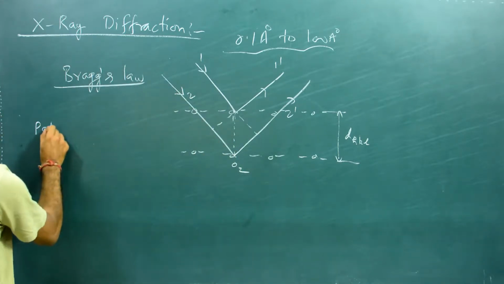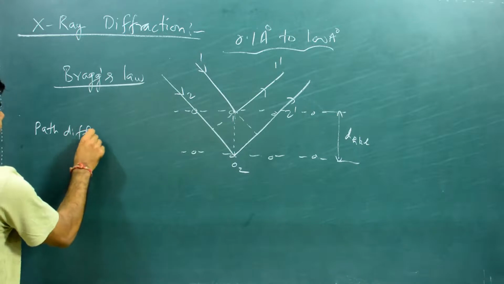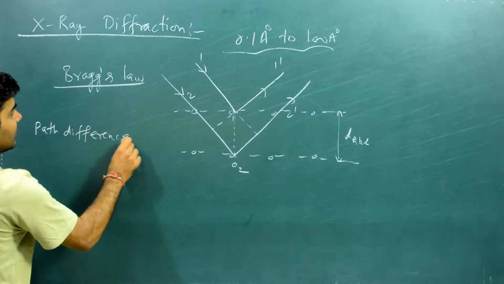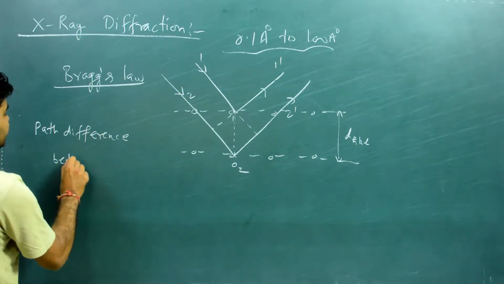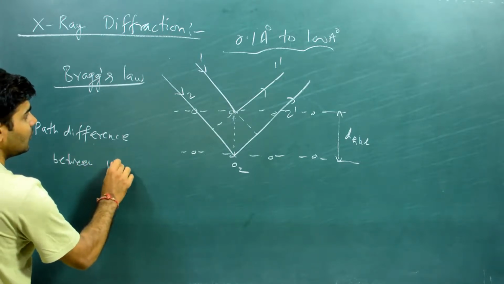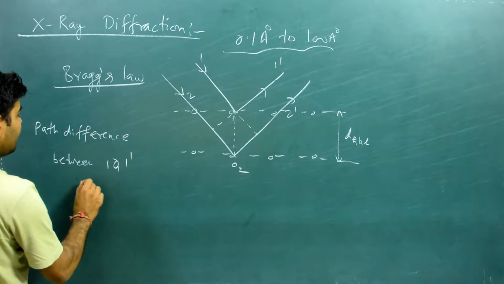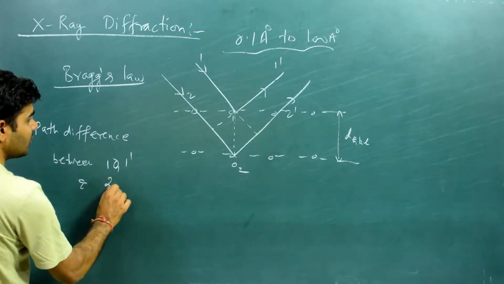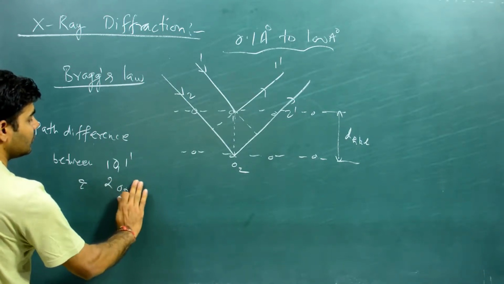What is the path difference between the rays 1 O1 1 prime and 2 O2 2 prime?